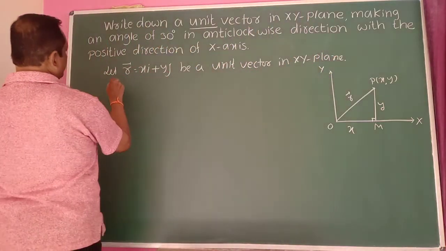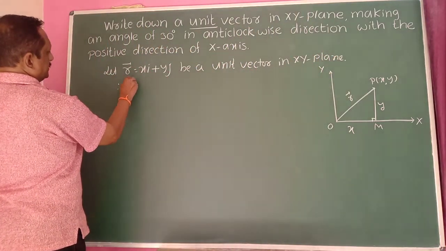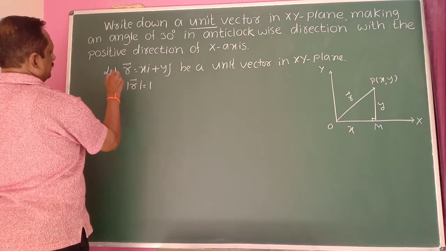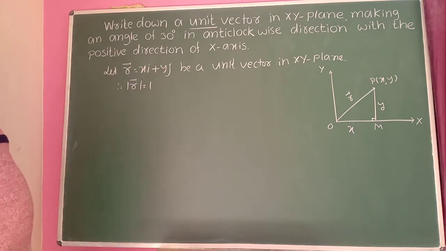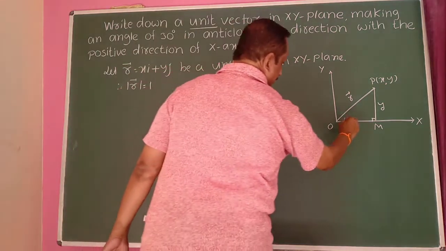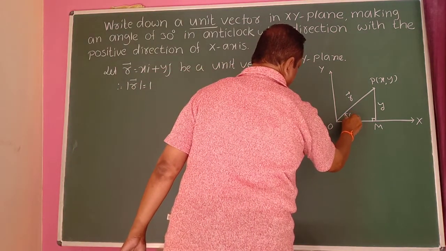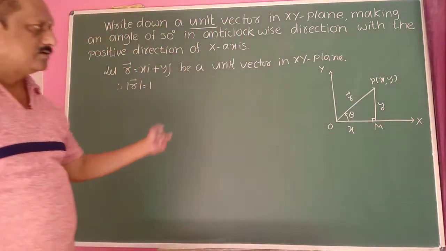Therefore, modulus of r bar is equal to 1, it is a unit vector. And this is the angle theta, consider this angle theta in the anti-clockwise direction.